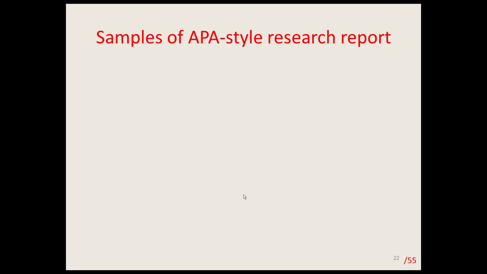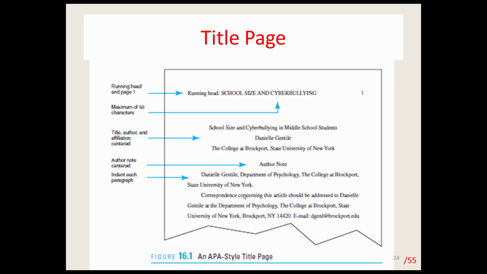Now I want to show you some samples of an APA-style research report. First, we start with the title page. As you see here, the title page has a running head, and then the title of the article or the research, and then you have the author affiliation.